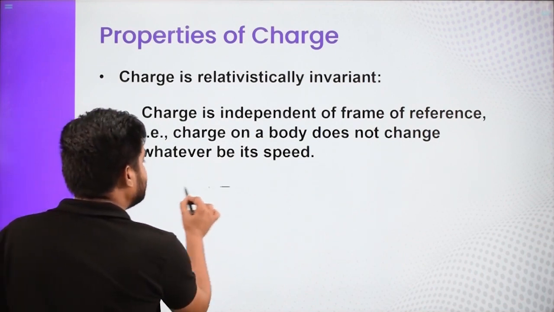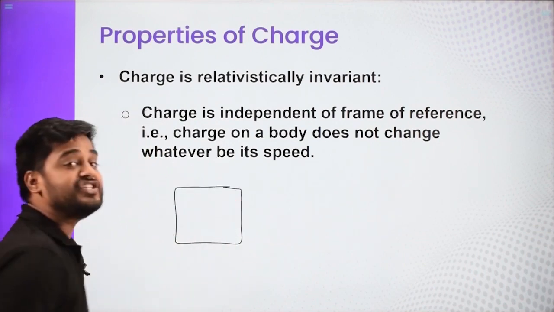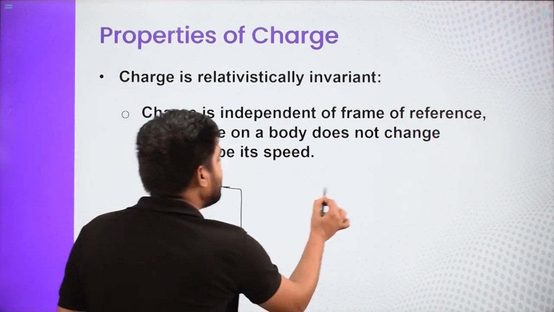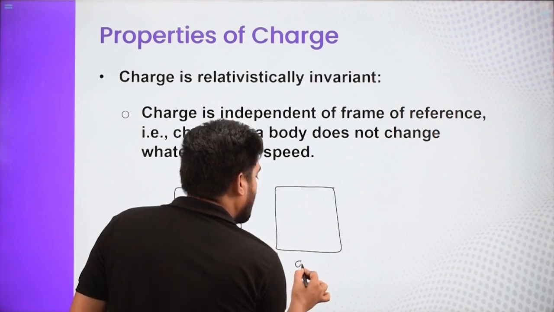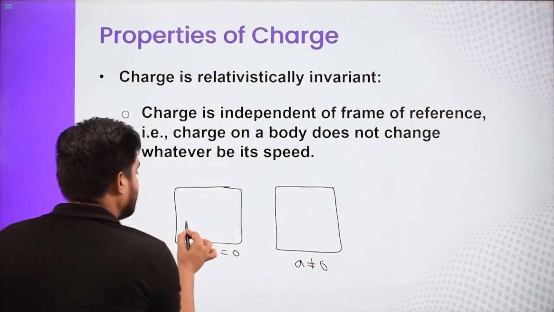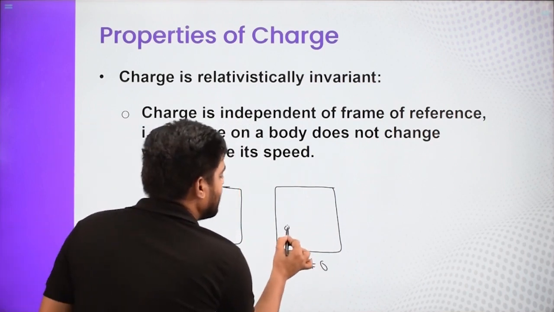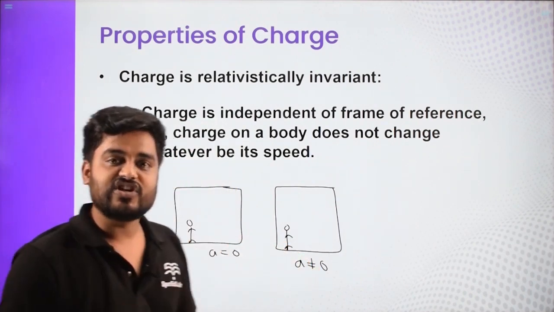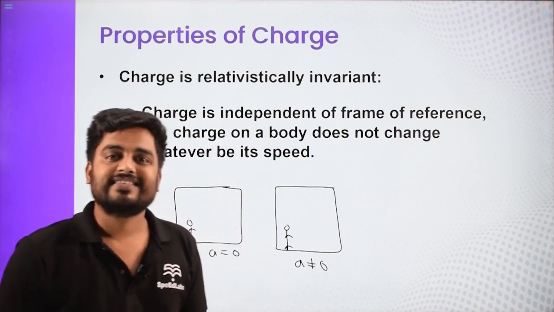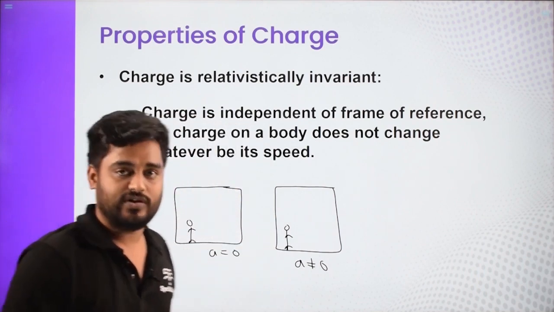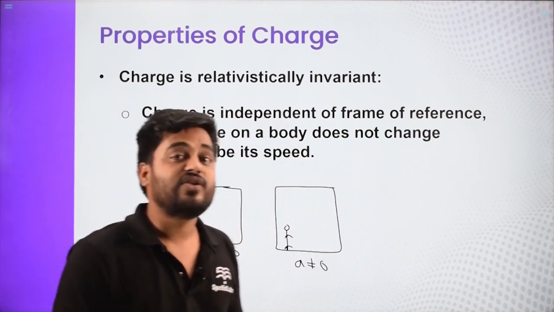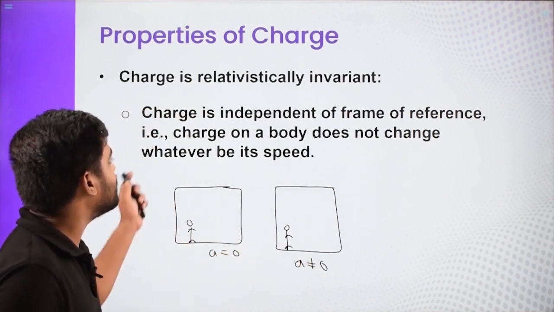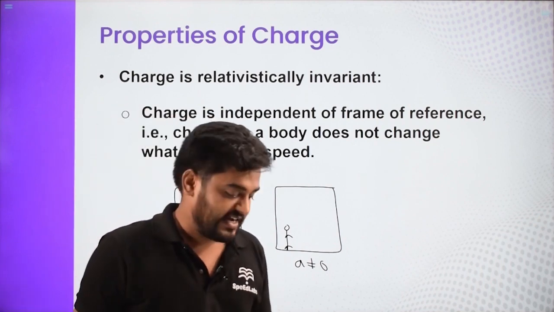Whether you observe from an inertial frame, that is, acceleration is equal to 0, or from a non-inertial frame, that is, the frame is moving with some acceleration, from both frames of reference the charge you are observing will have the same amount. The magnitude of charge is not going to change whether you look from this frame or this frame. That's what it means to be relativistically invariant.